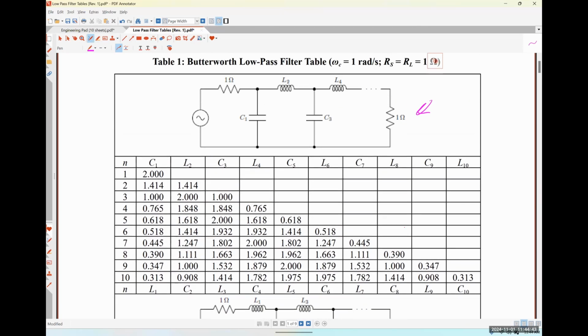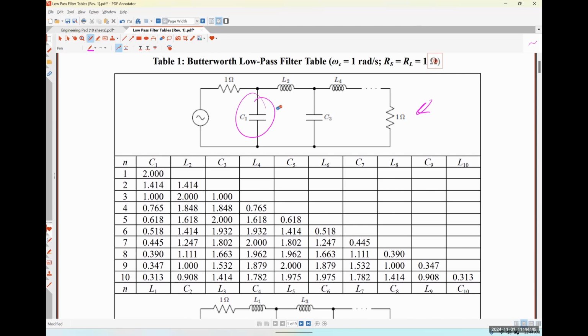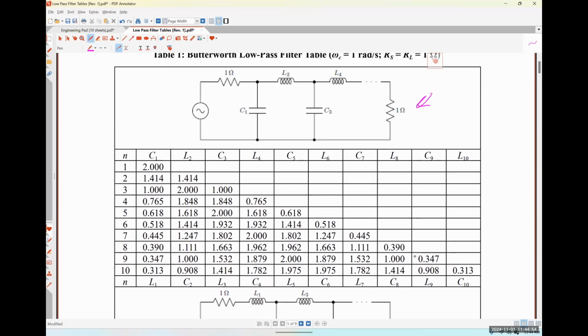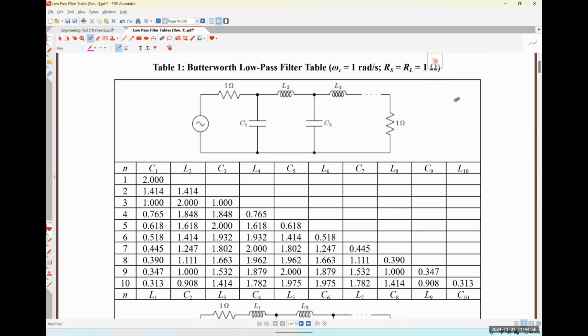Instead of having a capacitor as our first energy storage element, a capacitor in shunt or across, we could have an inductance in series. Either one of these topologies gives us a low pass Butterworth filter.